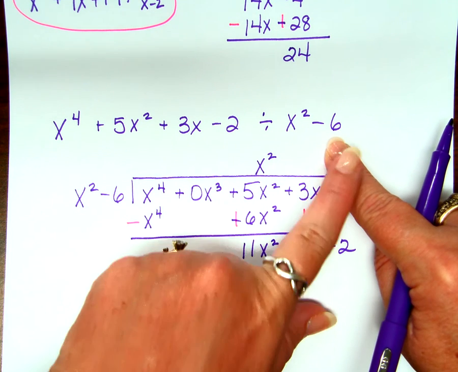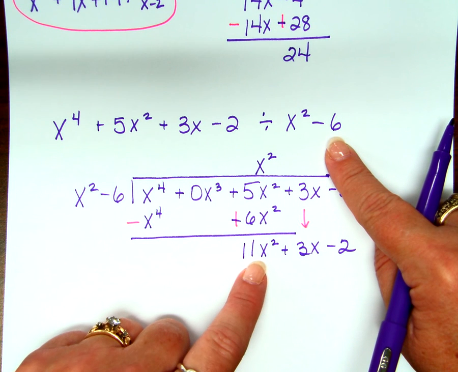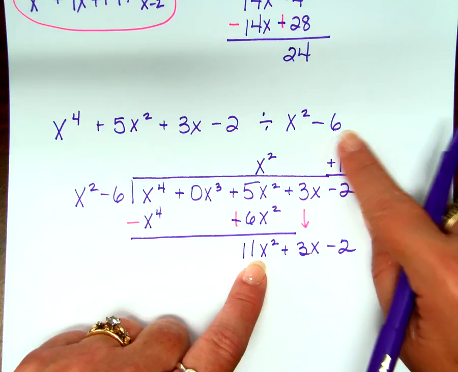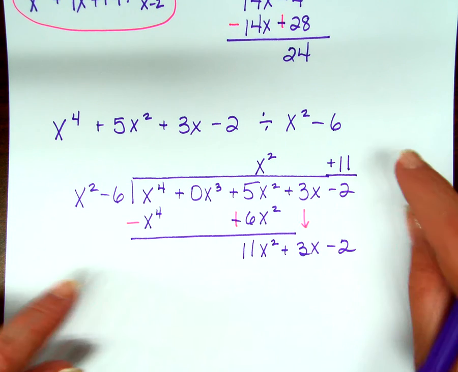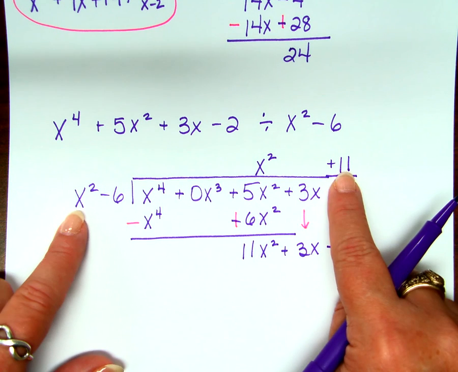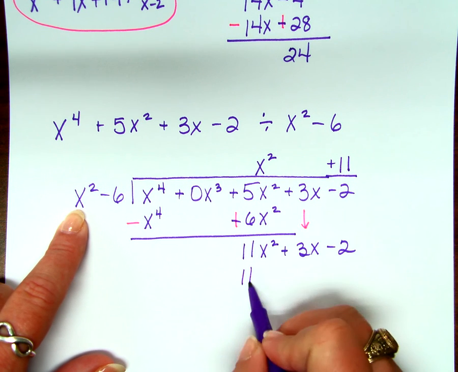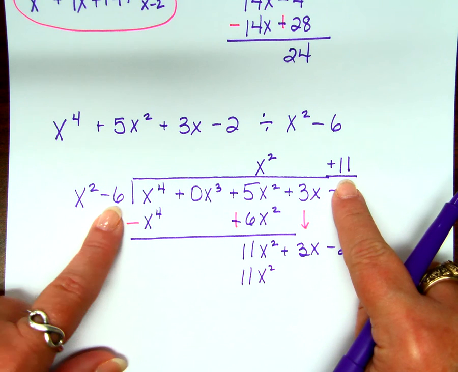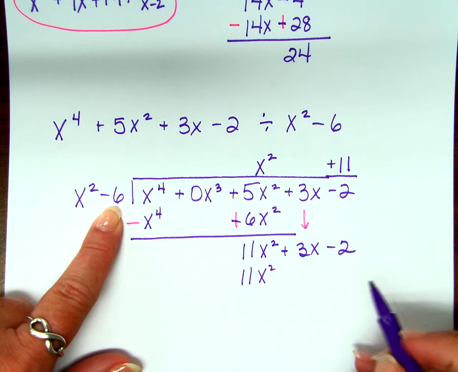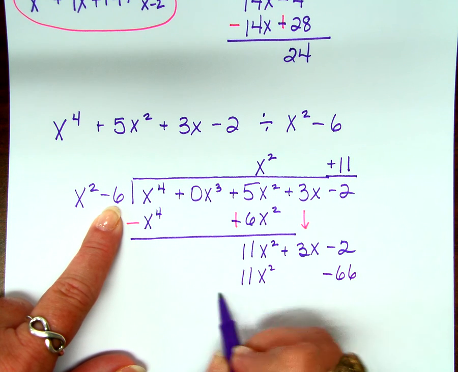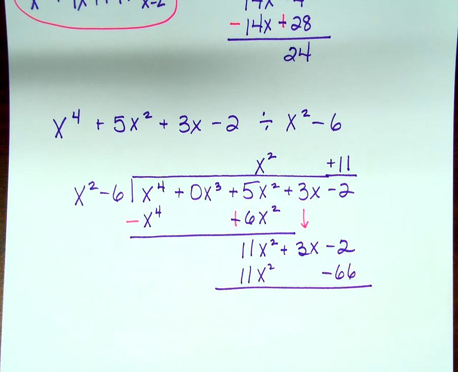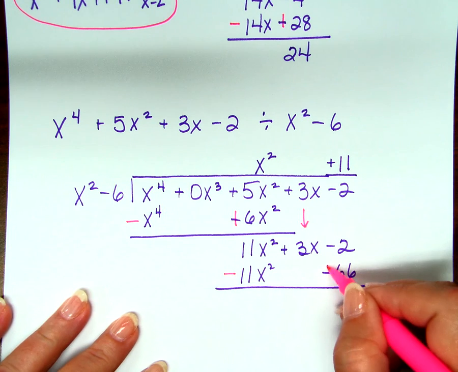Because we had this space and this space. How many more times are we actually dividing? Just the 1, right? That's okay, isn't it? Okay. So what's 11 times x squared? 11x squared. What's 11 times negative 6? Negative 66. And now, subtract.